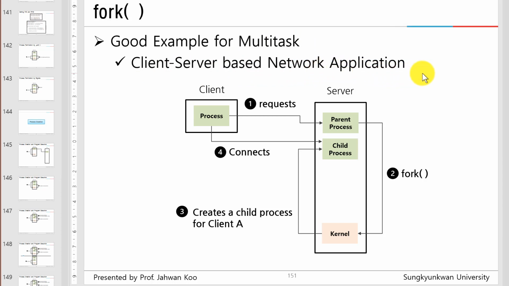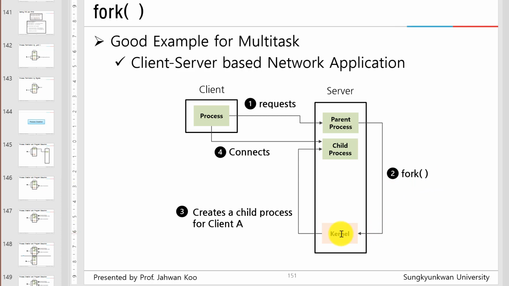In this picture, a network server process may listen for incoming client requests. In step 1, a network client requests to connect to the parent process. In step 2, the parent process uses the fork system call to handle the client request.